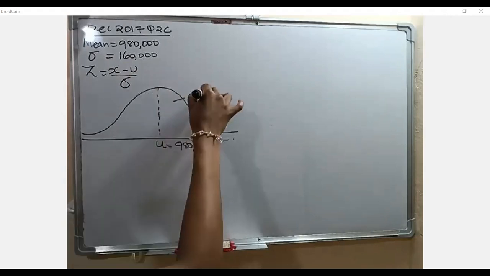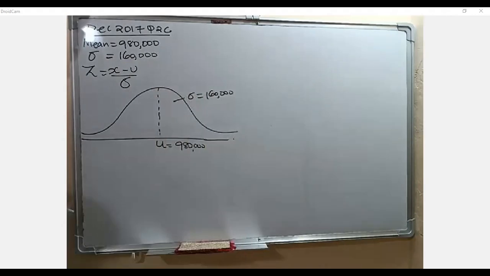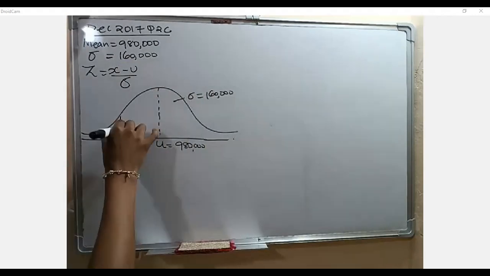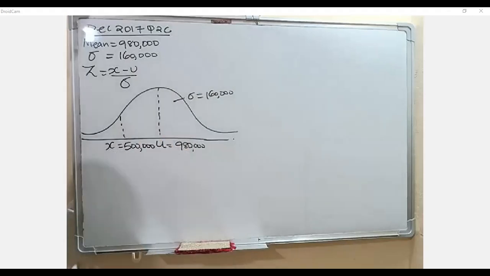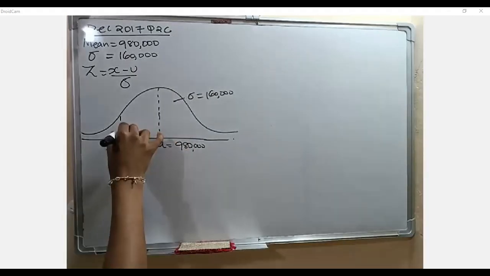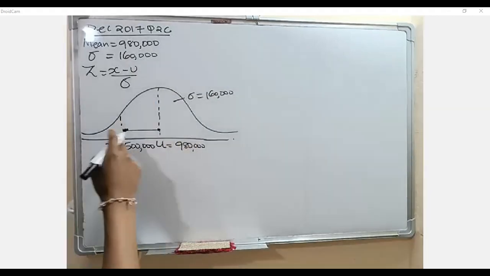My standard deviation here should be equal to 160,000. Now the examiner is talking about greater than 500,000. When you look on the number line, X is here, 500,000, so it should be greater. It means the area we have is from here to here, and the area under the curve is equal to 1.